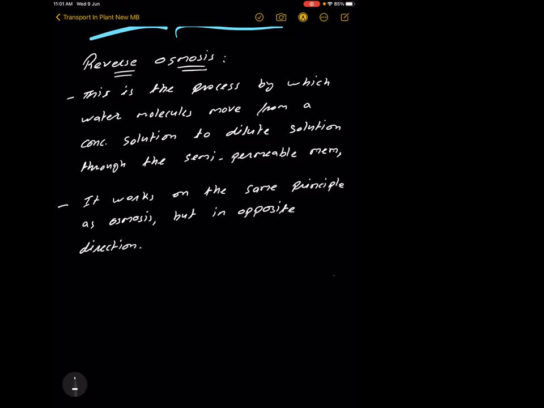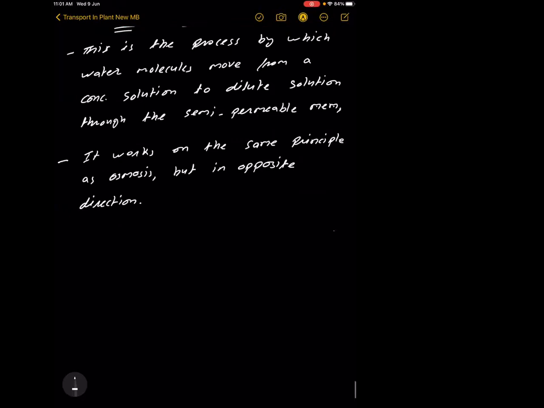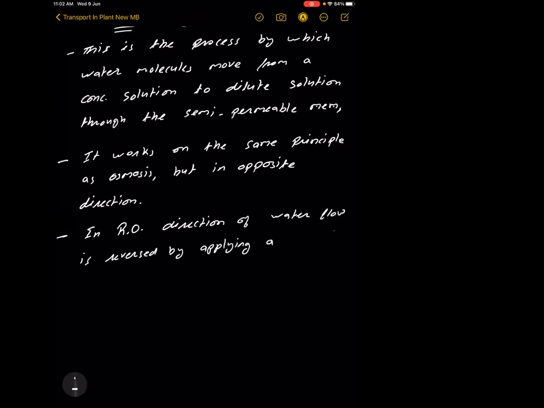Same principle, but in opposite direction. In RO, or reverse osmosis, the direction of water flow is reversed by applying a pressure that is called hydrostatic pressure.